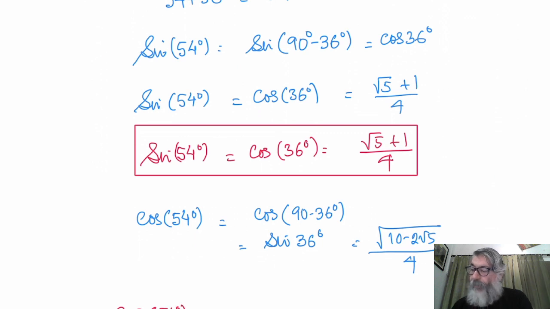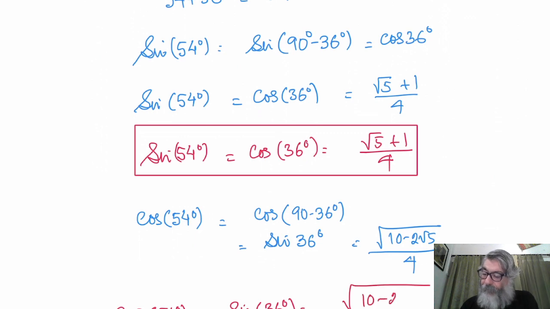Okay, now let us see what about tan 54. Tan 54 degree will be sine 54 upon cos 54.